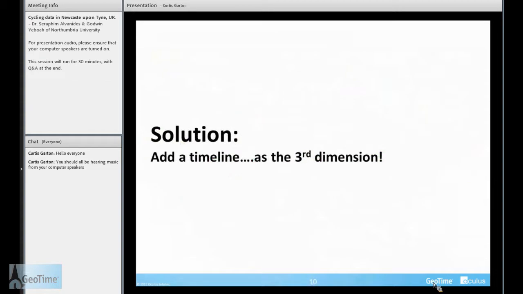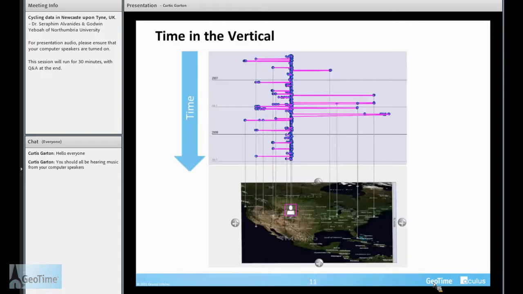ArcGIS came up with a novel solution of introducing an animated timeline. This timeline as the third dimension allows us to see the movement over time. We can actually see the sequence of events that makes up movement. This allows us to do things like spot patterns, trends, and exceptions.